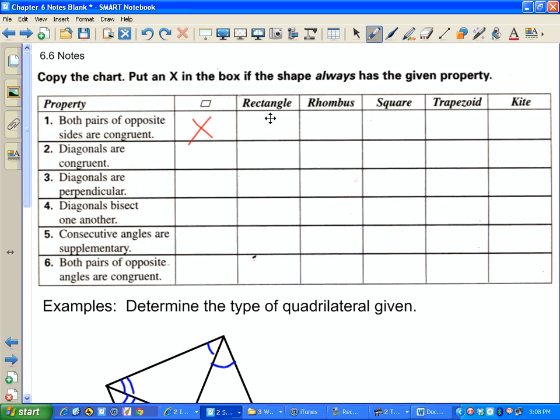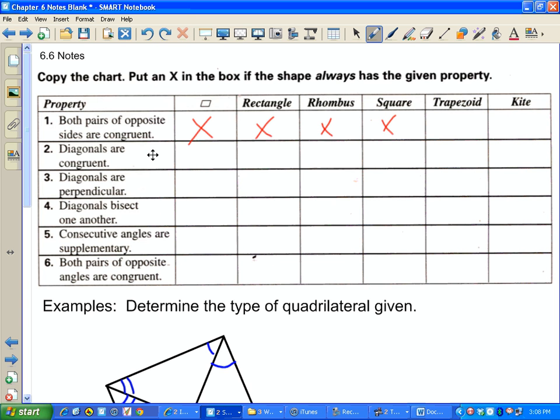If a parallelogram has it, that means a rectangle and a rhombus and a square will also have it, because those are all specific types of parallelograms. Trapezoid does not always have both pairs of opposite sides that are congruent. A kite never does, because otherwise it would be a rhombus, not a kite.